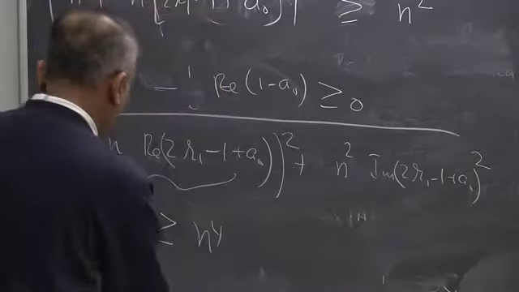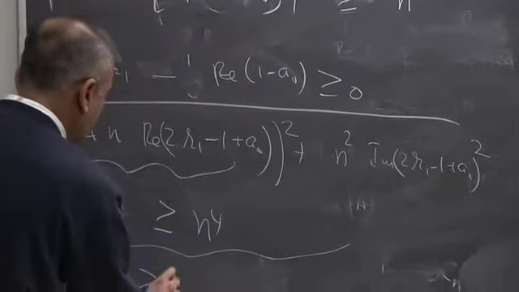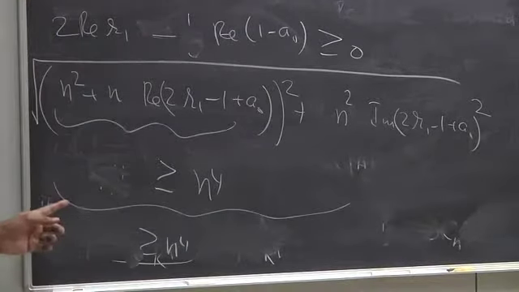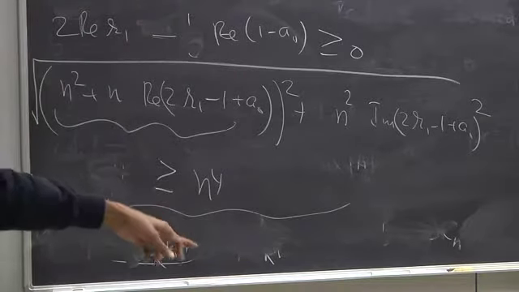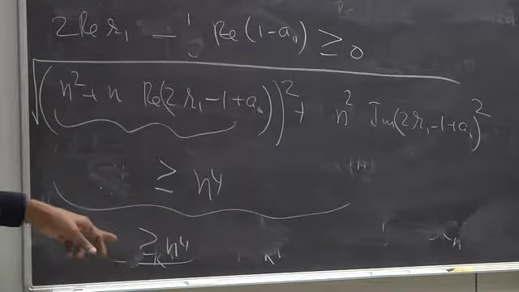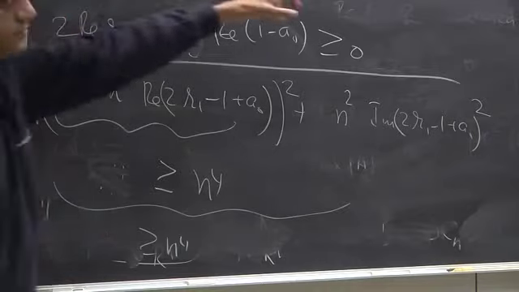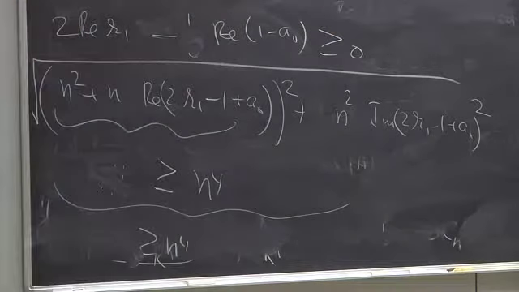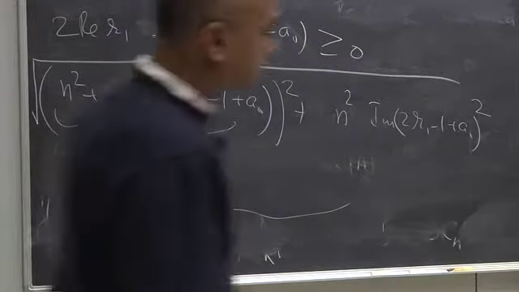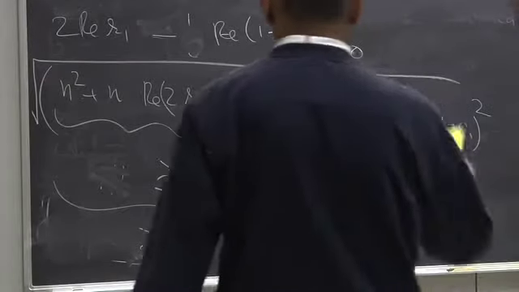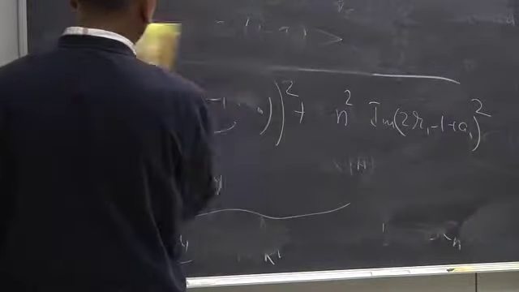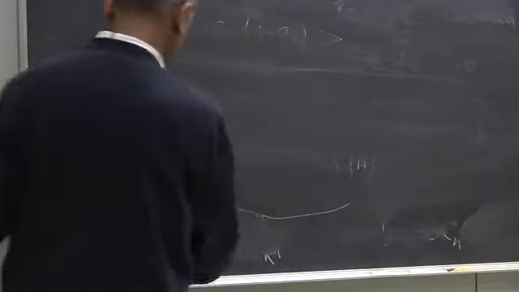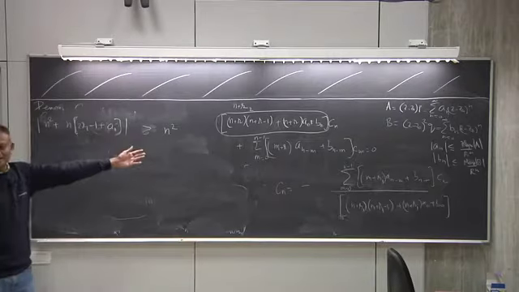So once again, this entire thing inside the square root is greater than or equal to n to the 4, so the square root is greater than or equal to n square. So that's the way you prove it. That is the lower bound for the denominator. It has to be at least greater than or equal to n square.